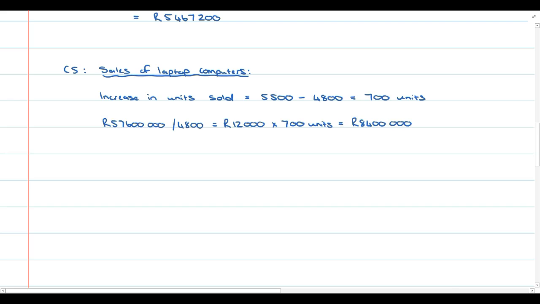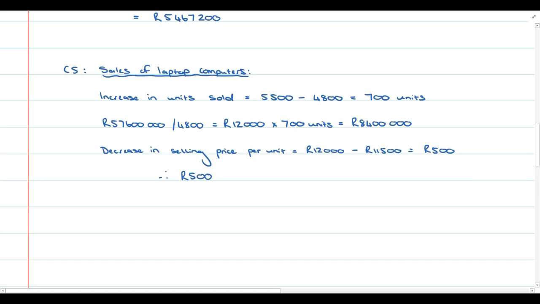However, we do need to take into account the fact that the selling price per unit is going to drop. So the current selling price per unit is 12,000, and it's going to decrease to 11,500. So that's a drop of 500 Rand per unit. So if we are trying to calculate the impact that this will have on sales, it's a drop of 500 Rand per unit on all of the units that they're going to sell.